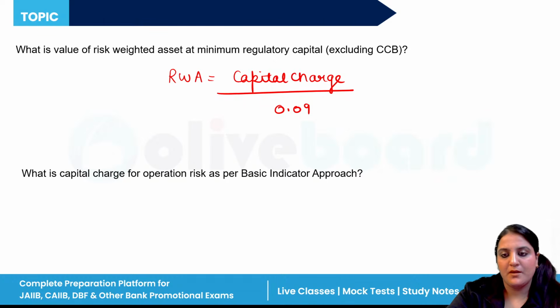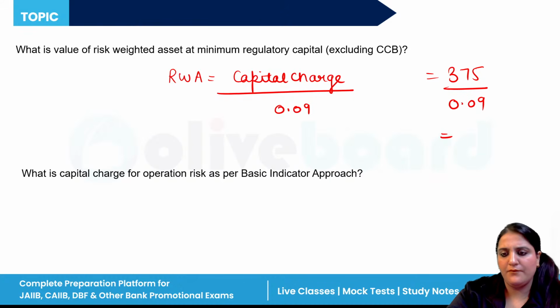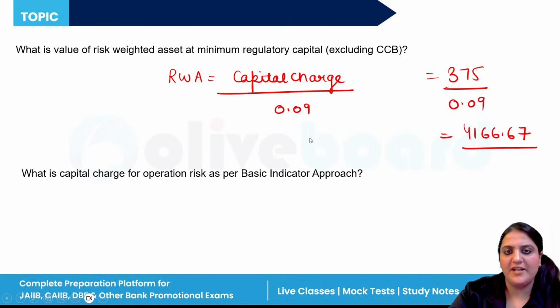So here the capital charge is given for operational risk, so 375 divided by 0.09, which is equal to 4166.67, right? So this is the risk weight asset at minimum regulatory capital. This is the answer. This is the formula for operational risk.